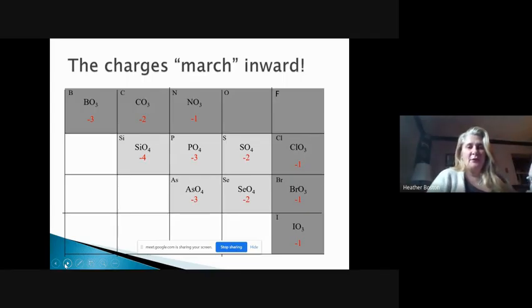Chlorine 1, sulfur 2, phosphorus 3, silicon 4. Notice all of the halogens form oxyanions that have a charge of -1. All of the polyatomic ions for the halogens will have a charge of -1. And then the charges march inward.